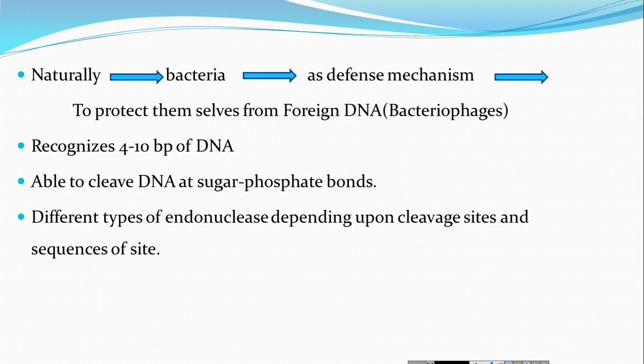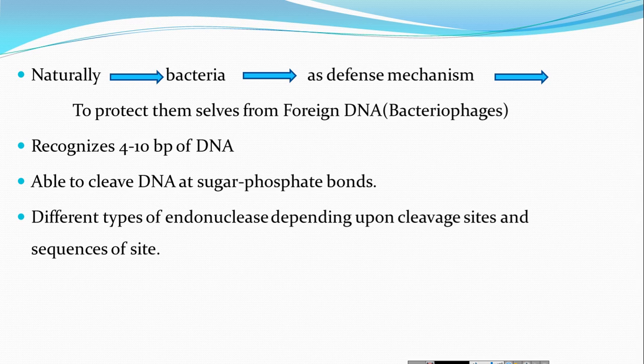These restriction endonucleases are specific, and they recognize 4 to 10 base pairs of DNA. They have the ability to cut the DNA at the sugar phosphate backbone, and they produce two different fragments of DNA.